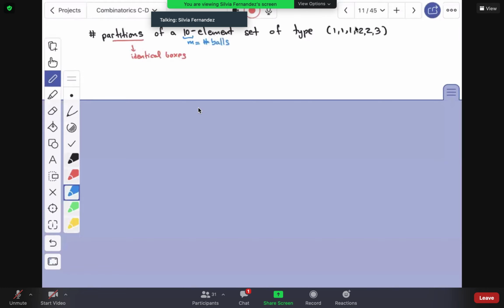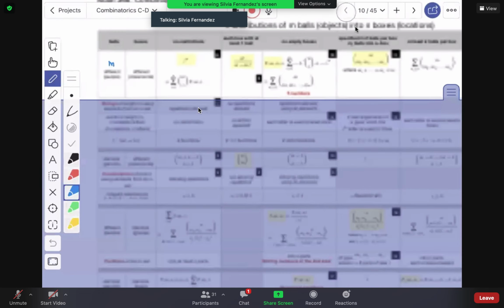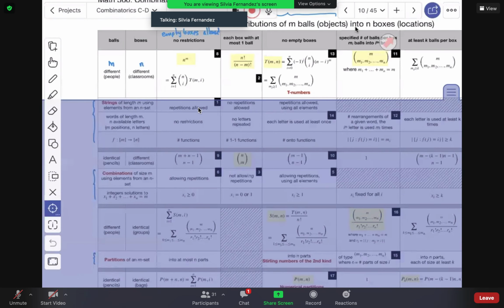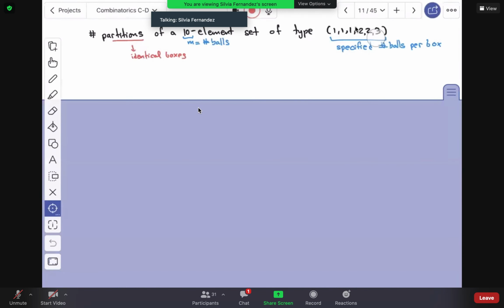And you're given a specified number of balls per box. So that's that column I was talking about in the table, right? So let me just go back very quickly to the table. That's what I'm talking about here. Specify number of balls per box. That's what this means. You have 1, 2, 3, 4, 5, 6 identical boxes.